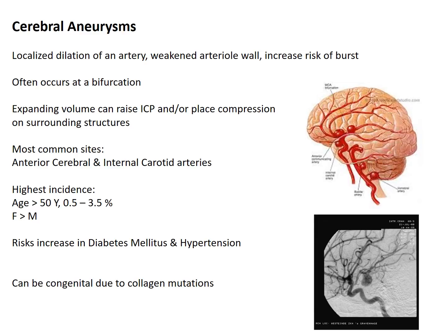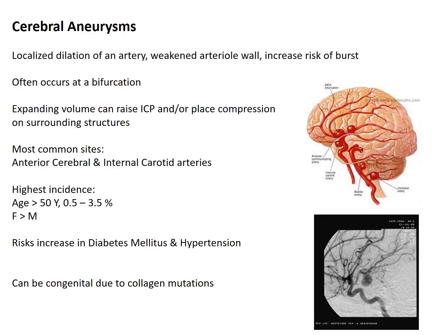Cerebral aneurysms, localized dilation of an artery, weakened arterial walls, have an increased risk of bursting and causing hemorrhagic stroke. Many of these aneurysms occur at bifurcations of arteries, and in the cartoon graphic here you can see some sites which are known to be at increased risk of developing an aneurysm.